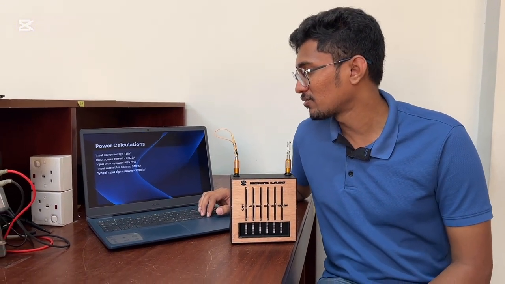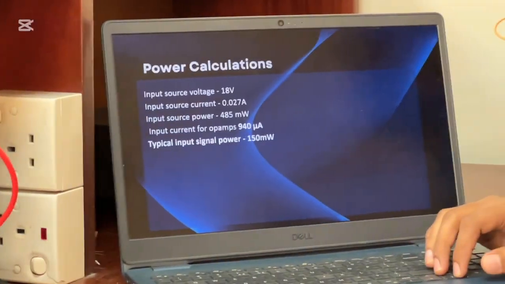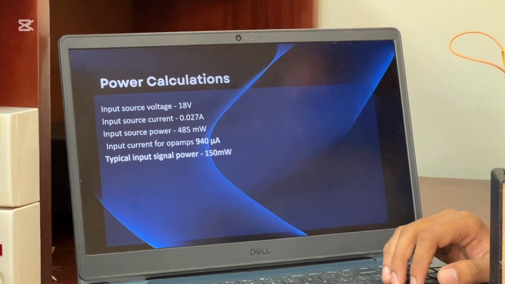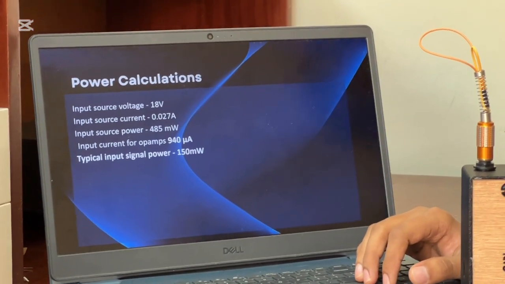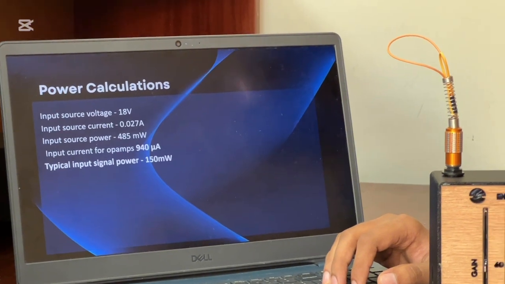The input current for op amps is 940 microamperes, a minute amount, and the typical input signal power can be 150 milliwatts.